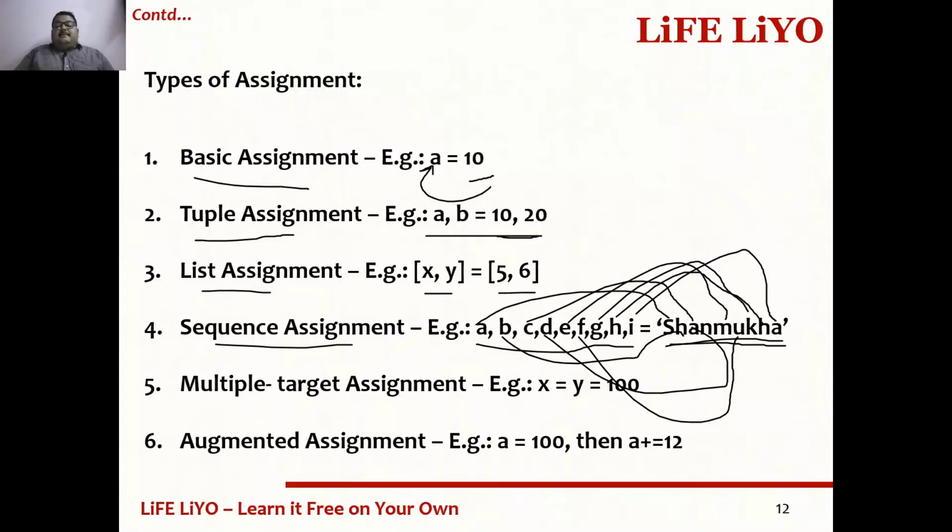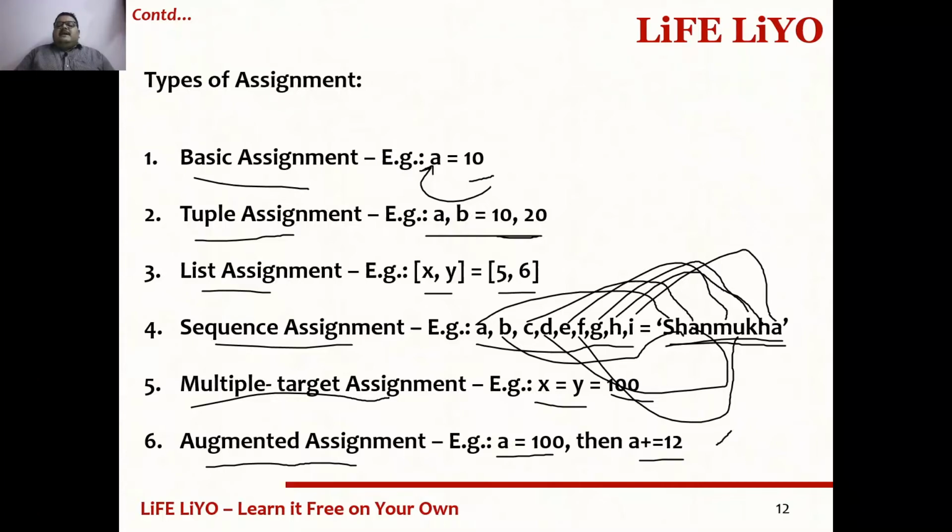The next one is multiple target assignment. That is assigning the same value to multiple variables. That is x equal to y equal to 100. 100 is assigned to x as well as y. Next one is augmented assignment. Augmented assignment means if a equal to 100, then we can write a plus equal to 12.